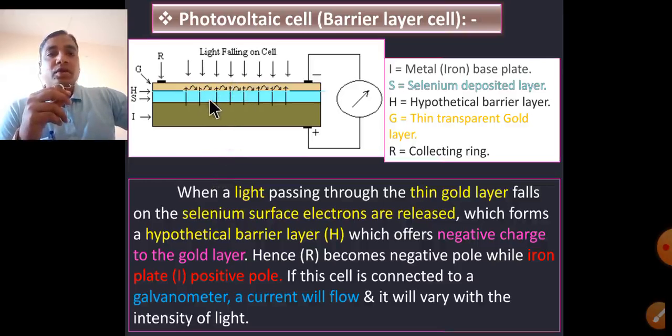From the surface, electrons are released from this selenium layer, which form the barrier layer, that is H, which offers negative charge and hence becomes the negative pole with the iron plate, that is the iron plate, positive pole. If this cell is connected to a galvanometer, current will flow and it will vary with the intensity of light.